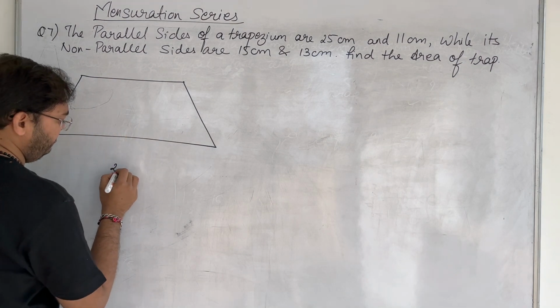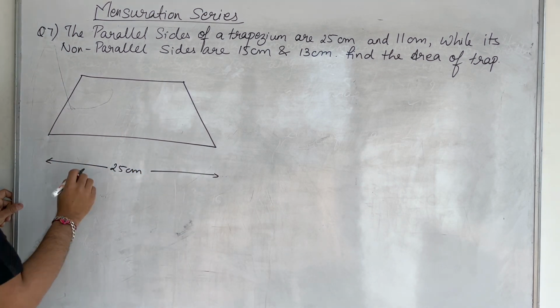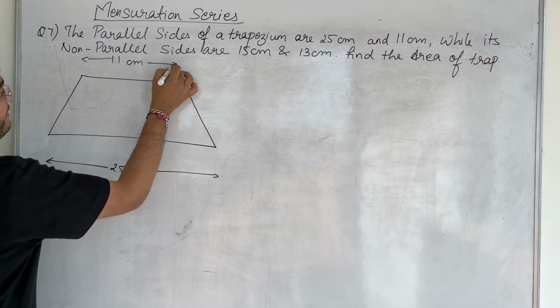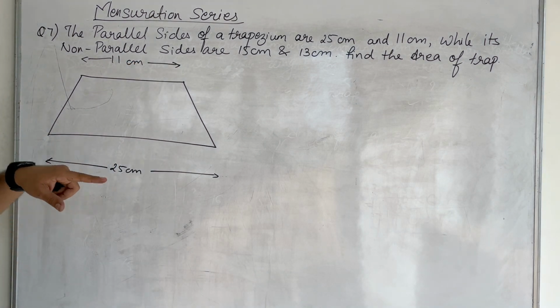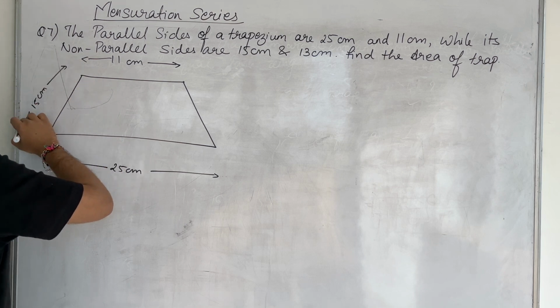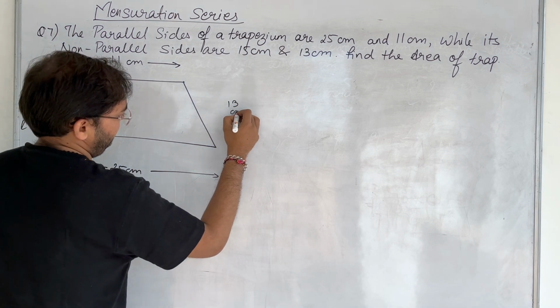That means this is going to be my 25 centimeter. This is going to be my 11 centimeter. While its non-parallel sides are 15 centimeter and 13 centimeter. That means this is my 15 centimeter and this is my 13 centimeter.